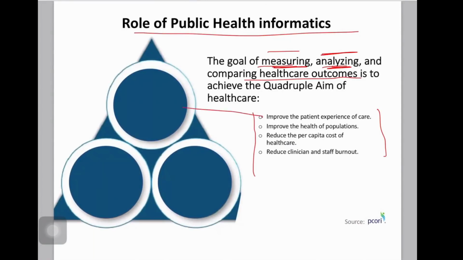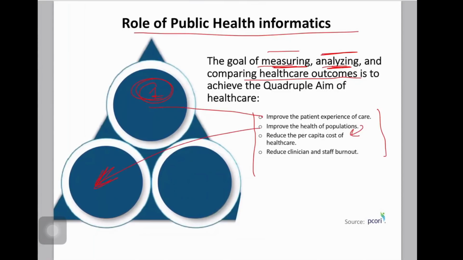First is to improve the patient experience of care. This is number one. Second is to improve the health of the population by reducing the per capita cost of healthcare. This is the second point.